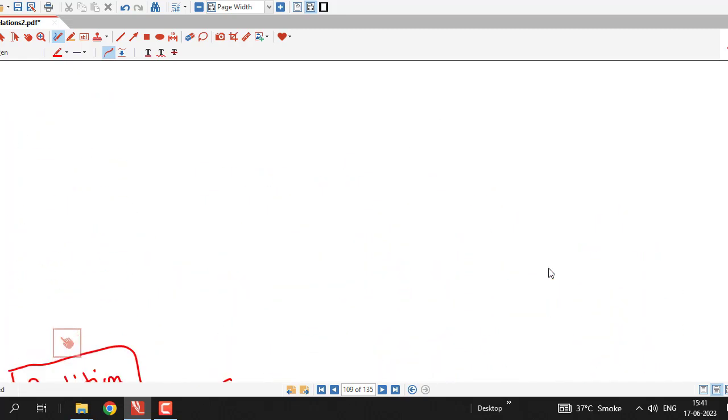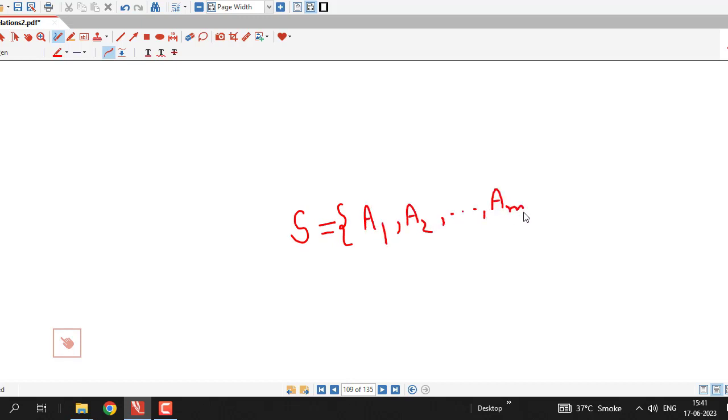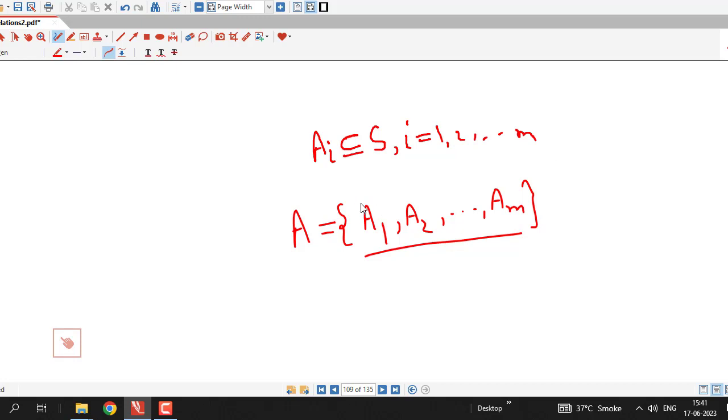So these two are very simple definitions. Recall, suppose we have a set S. Now suppose I consider A1, A2 up to Am, a collection A, where A1, A2, up to Am are subsets of a given set S for each i equal to 1 up to m.